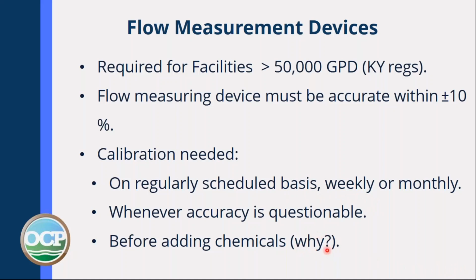The reason is that you want to make sure you're adding the right amount of chemical, not too much or too little. If you add too much, you might get into problems, but you're probably wasting an expensive resource. And if you add too little, it's probably not going to be doing the job that you intend it to do.